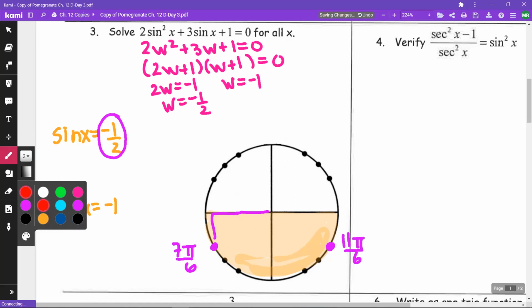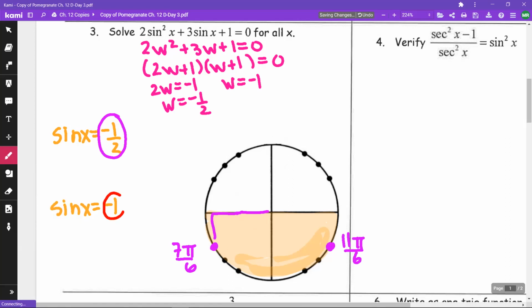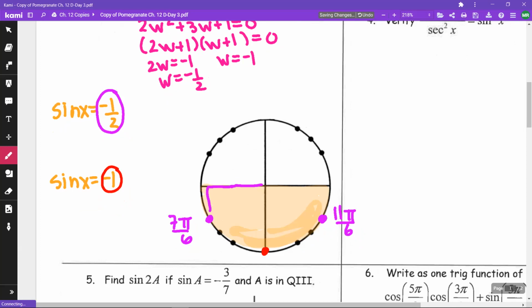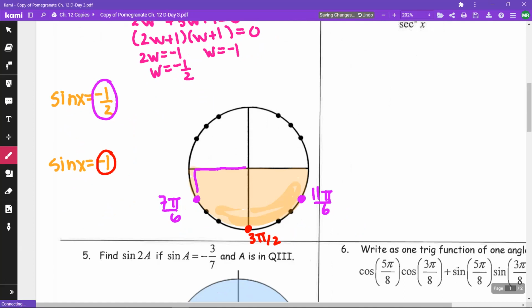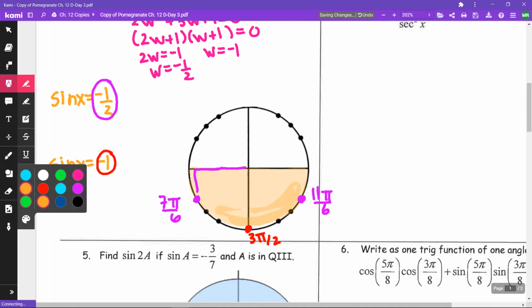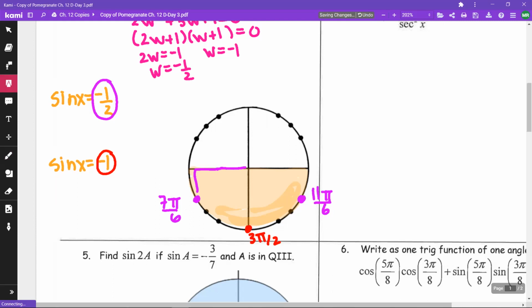Now, if I'm trying to figure out where my sign is a negative 1, again, my sign is y. So my y is a negative 1 down here at 3 pi halves. Now I'm trying to see, this one is a for all. So I'm trying to see if I can add something to get from one to the other and back and forth.